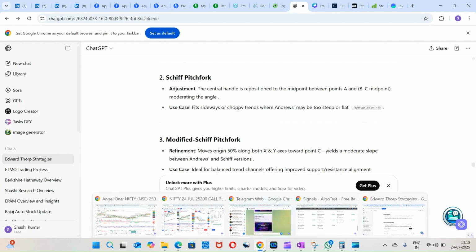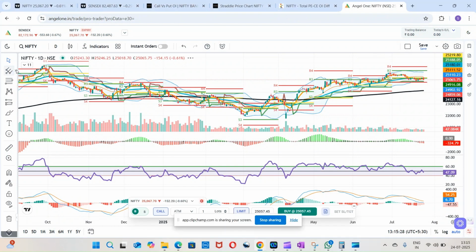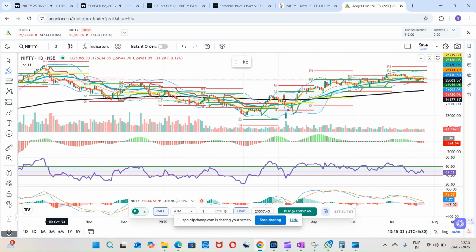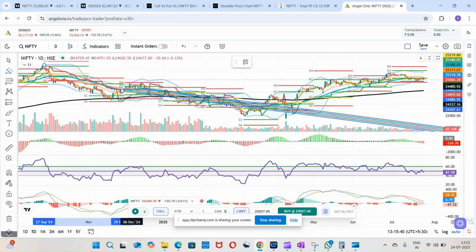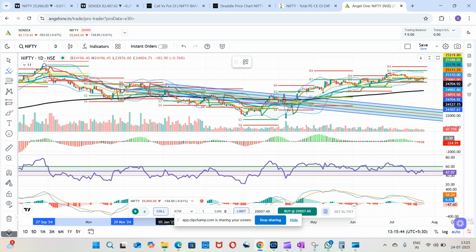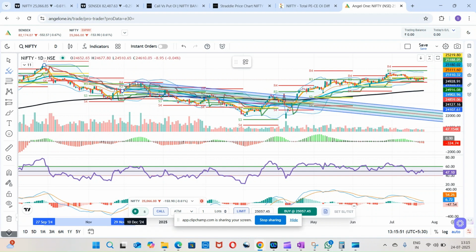So let's see the Schiff pitchfork. If you see, this is a Schiff pitchfork. So pitchfork we have, Schiff pitchfork we have. So this is the one. B and C are this and this, right? So somewhere here we'll keep it in between, so probably like this if we do, right.